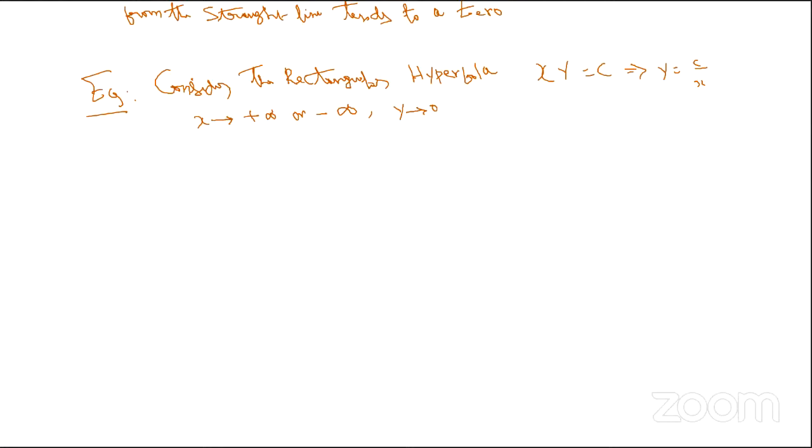The mod y is the distance of a point P(x, y) on the hyperbola.